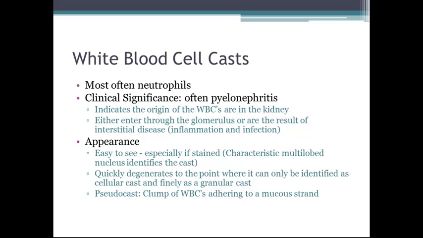And sometimes there is what is called a pseudocast, which is a clump of white blood cells adhering to a mucus strand. So you have to be careful and watch for the outer linings of those casts, those parallel lines, to determine whether it's a cast or not. White blood cells like to hang out around mucous membranes because of the stickiness.